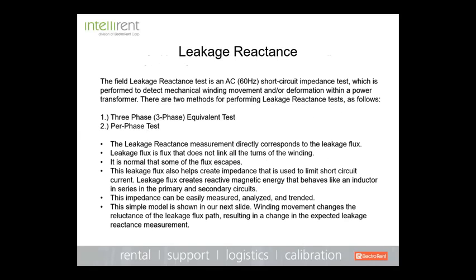Okay, now it's an AC test, which is performed to detect mechanical winding movement and/or deformation within a power transformer. And the leakage reactance measurement directly corresponds with leakage flux. And think about it this way. Think of you've got an open trough running downhill, and you've got water running through that trough.